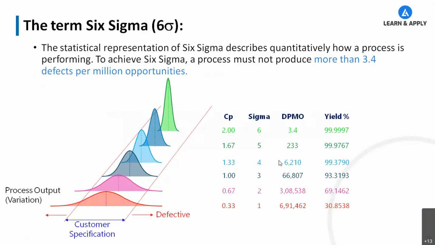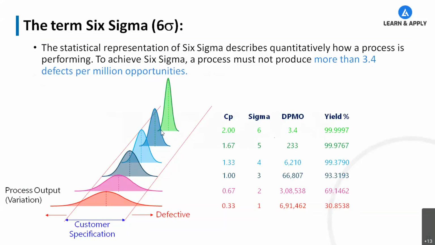So this is the criteria for Six Sigma. When we say Six Sigma, as we have seen, 3.4 defects. So up to the Six Sigma level, we should have only 3.4 defects per million opportunities, and that will give us a yield of 99.9997%. So this much accuracy, this much precision we are having while producing this product.